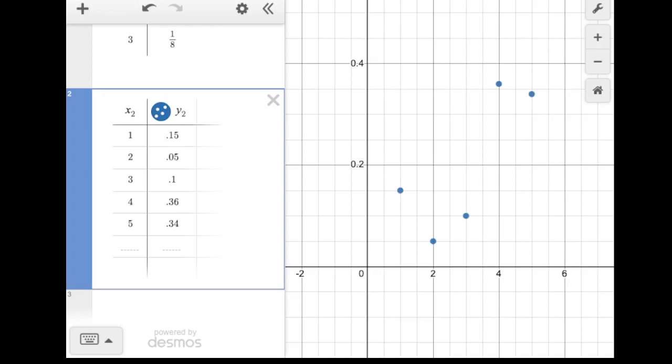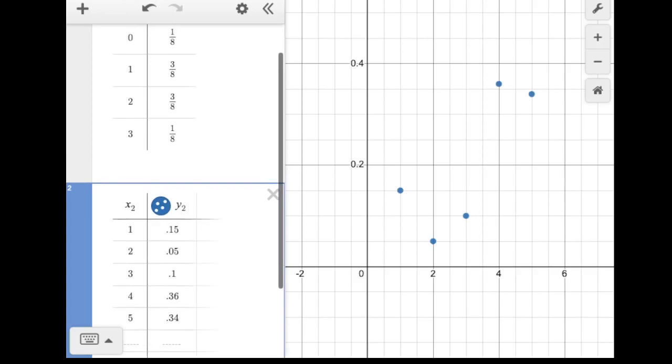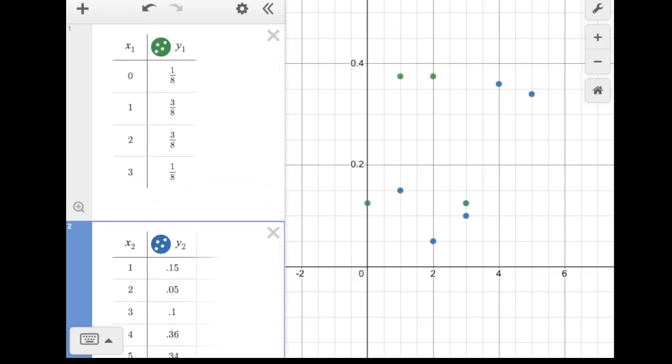It's not symmetric. If we looked at the green alone, the coins, notice it's the same on either side, so they even each other out. The blue, which is these kids, is heavy on the high side. So that's our probability distribution, and that's how we could visualize it in Desmos.